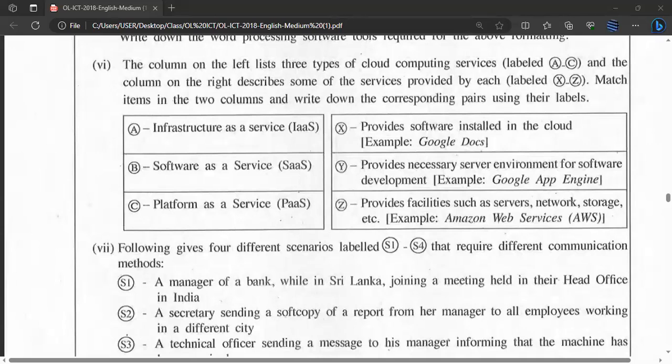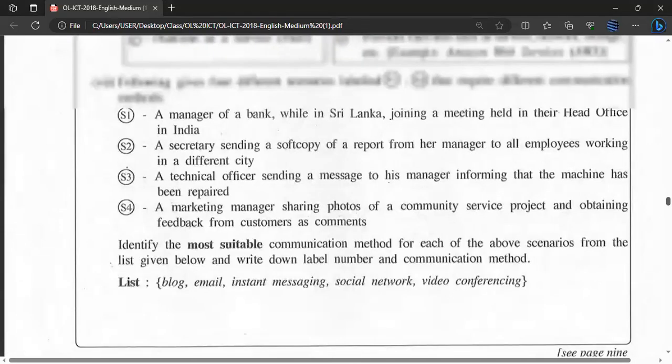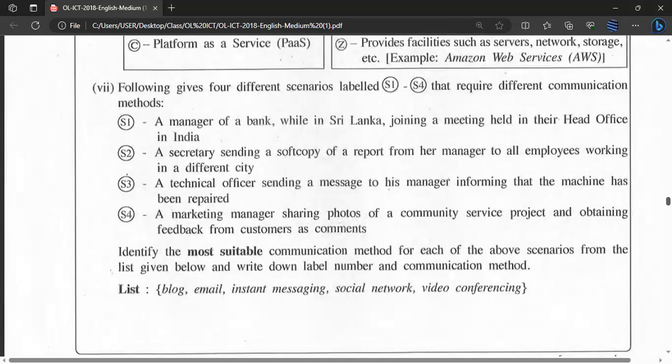Following are 4 different scenarios labeled S1 to S4 that require different communication methods. So identify the most suitable communication method for each of the above scenarios from the list given below and write down the label number and communication method. Right. So S1, a manager of a bank while in Sri Lanka, joining a meeting held in their head office in India.